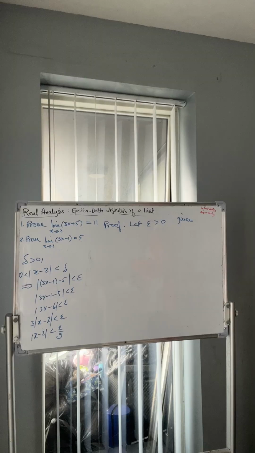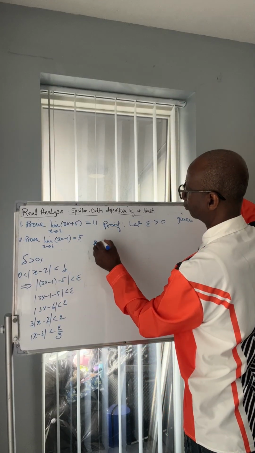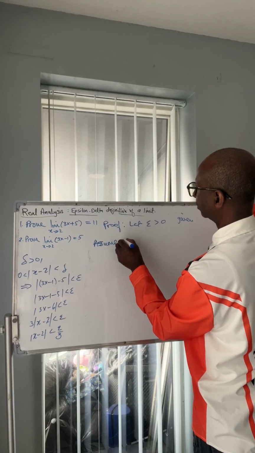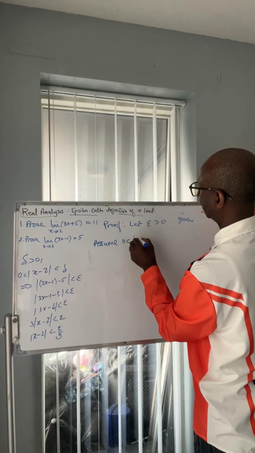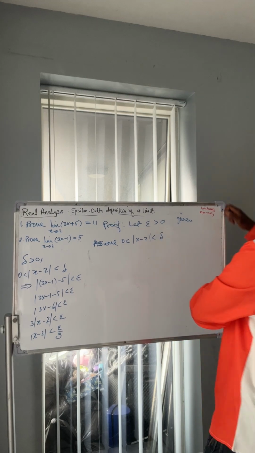Then we assume that 0 less than the absolute value of x minus 2 less than delta.